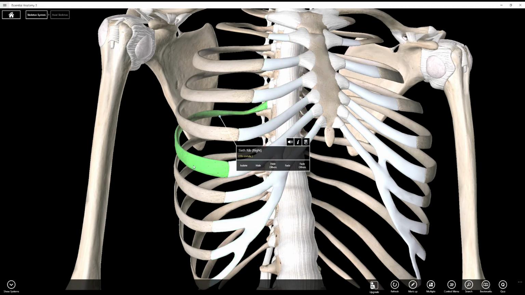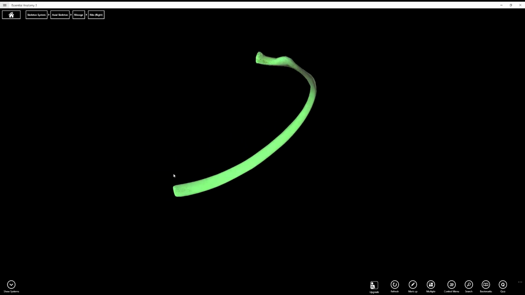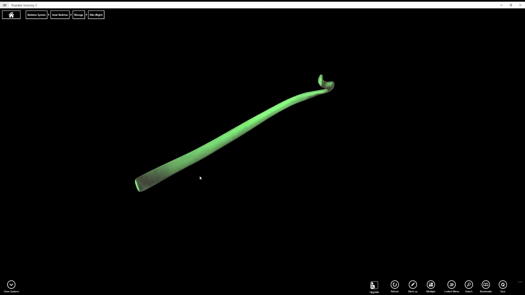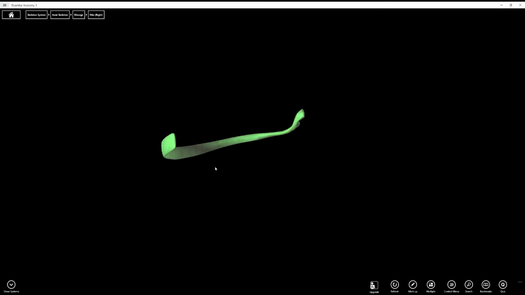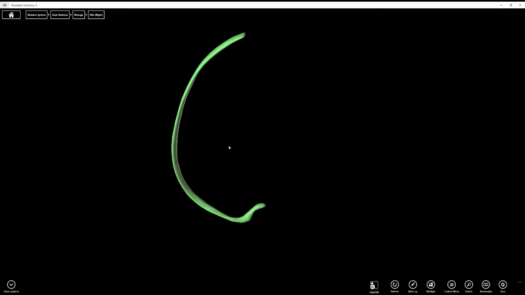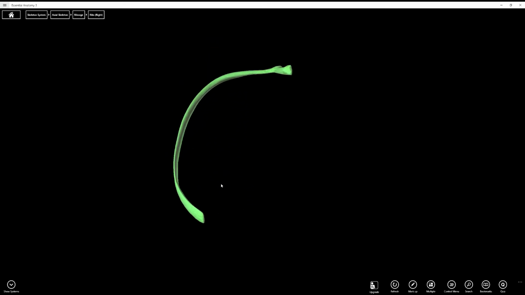Let's look at the costal groove. They did a pretty good job with this here. This view is better. It's not the easiest thing to see, but you can tell the bottom is thinner than the top.